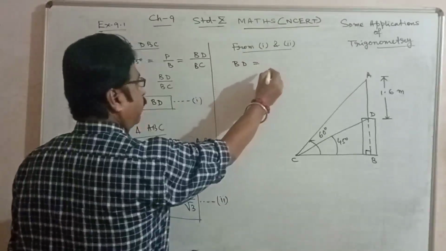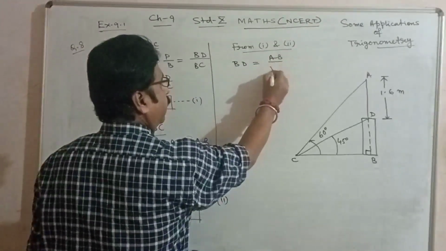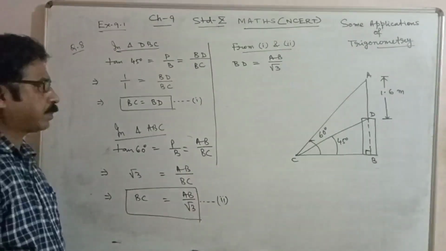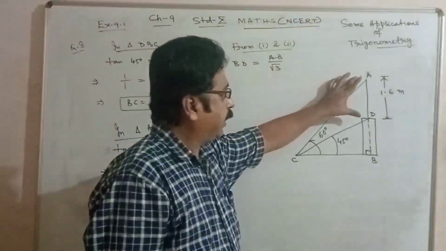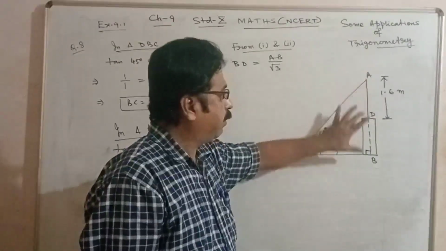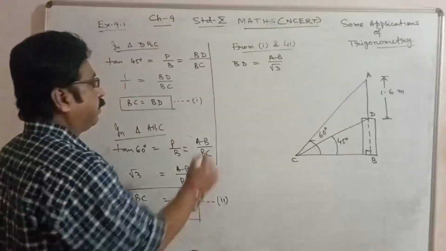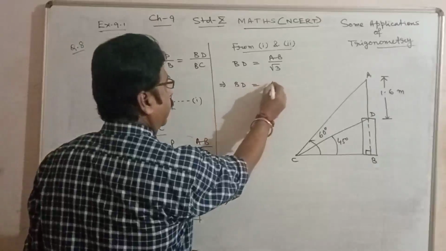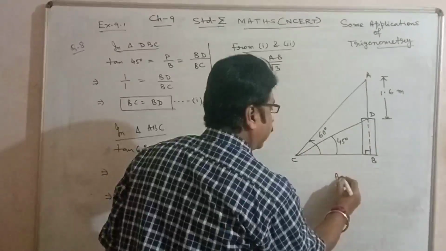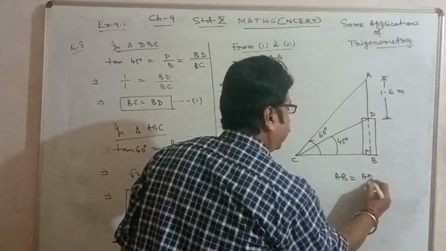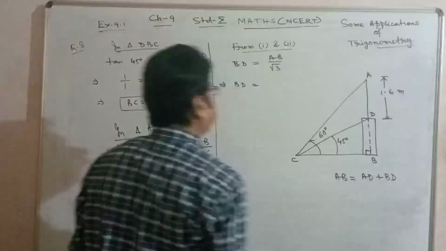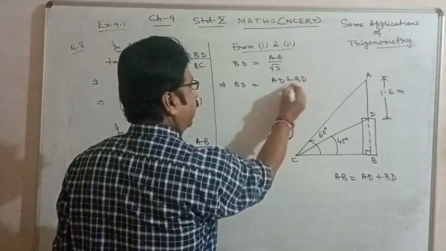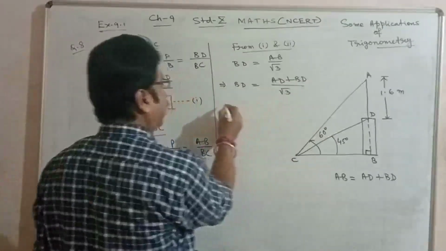Now AB means AD plus BD. AB is AD plus BD. So BD equals AD plus BD upon root 3.